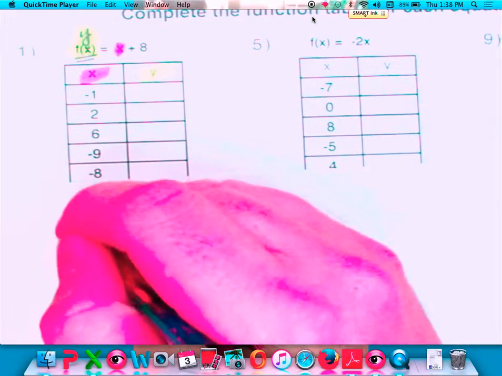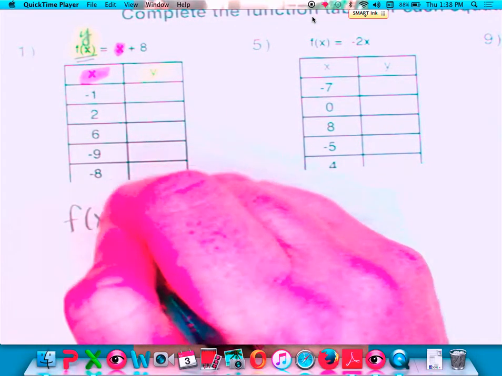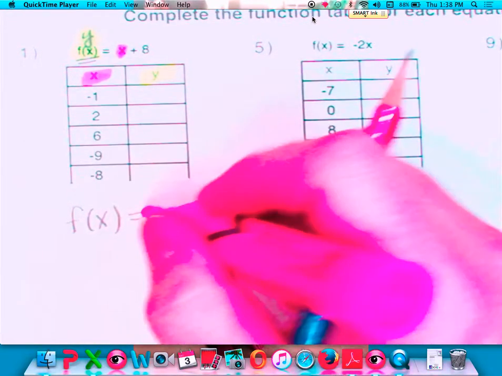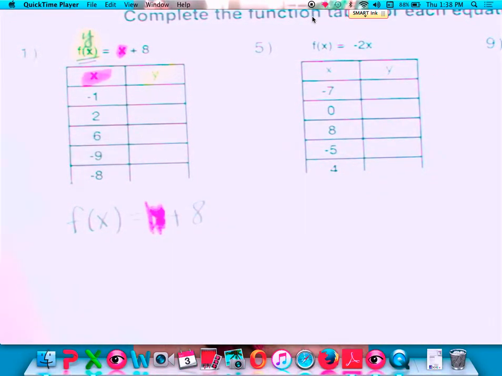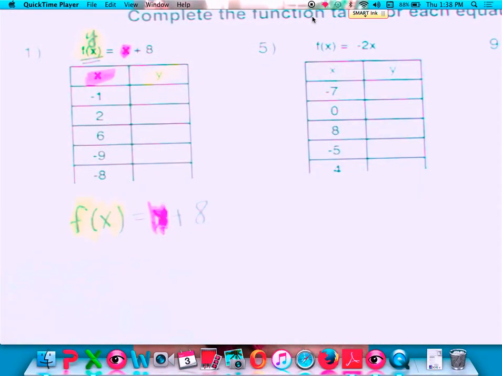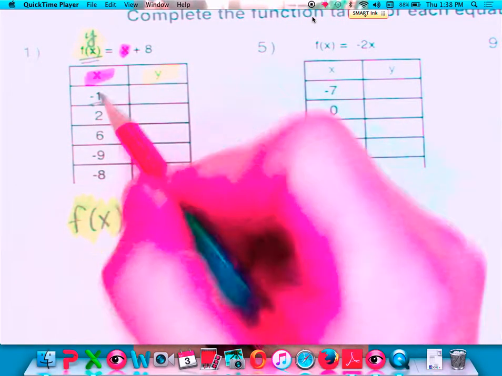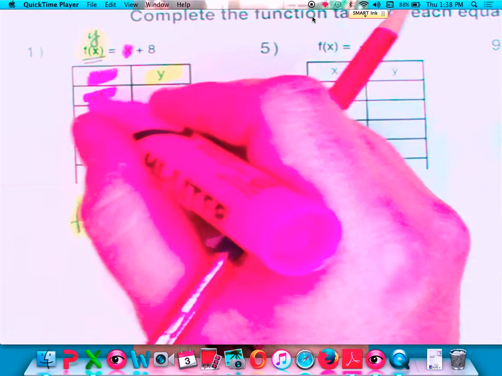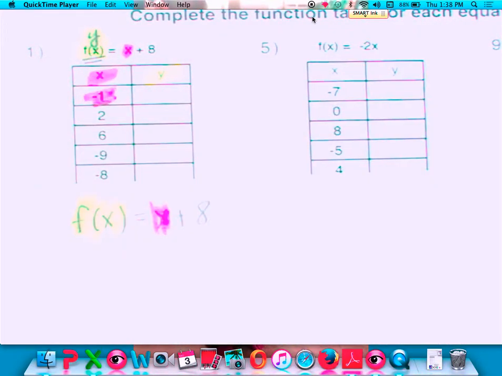So what we're going to do is write down our function, f of x equals x plus 8. I'm going to highlight them again so you can see them. So there's the pink, my domain, there's my range, which is f of x equals y. I'm now going to use my first number, which is -1. Okay? Since it's in the pink row, it now goes in where x is at.